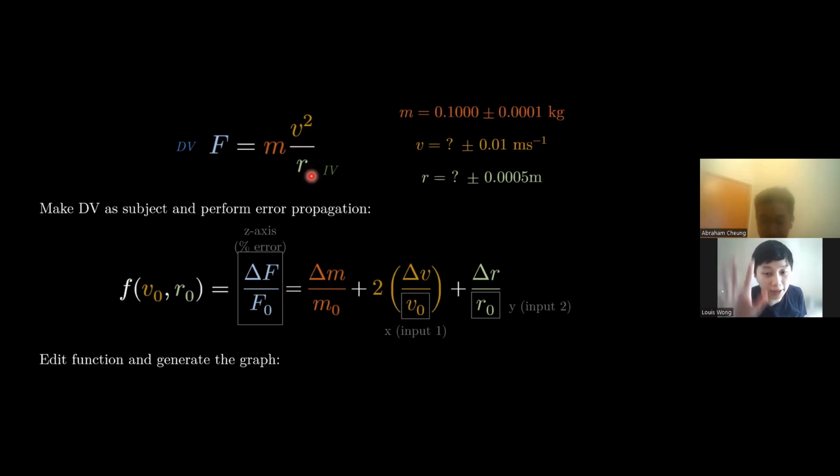Sorry, can I ask a question? I'm sure some of our audience may wonder why we already decided the mass to be 100 grams. Are you just providing a random number, or is 100 gram a common slotted mass?